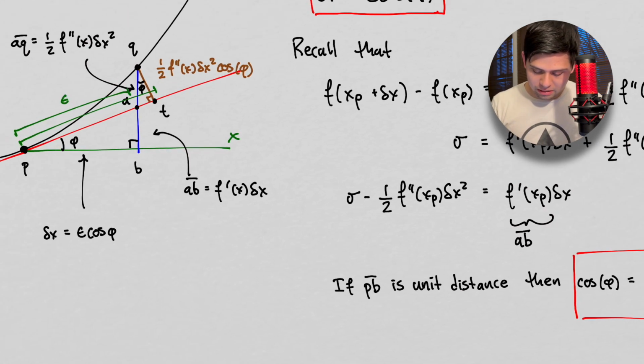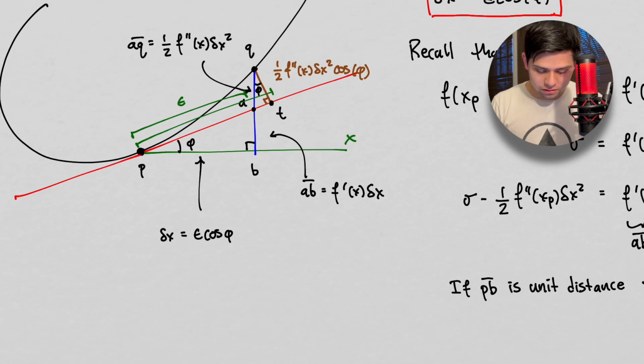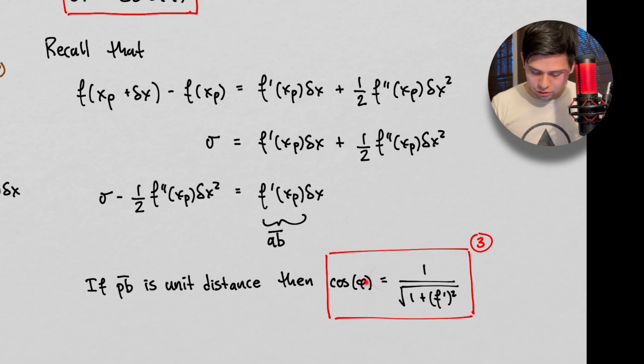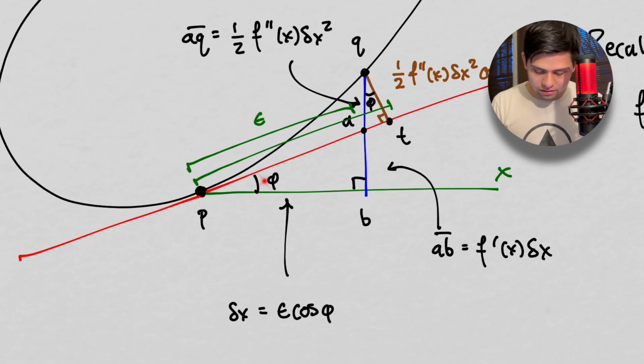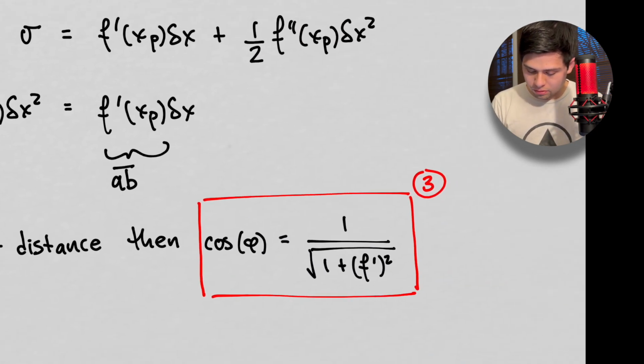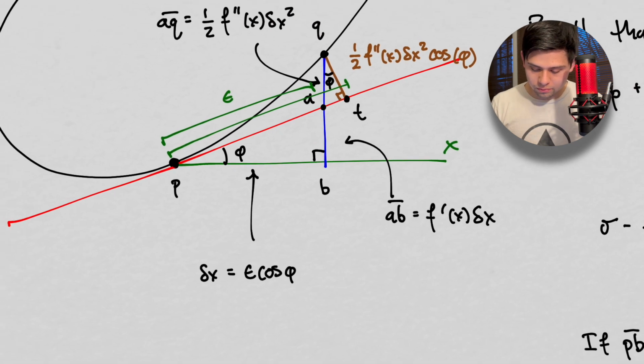So if PB is unit distance, if from here to here is unit distance, then we could say that the cosine of theta, or the angle, is going to be 1 over 1 plus the f prime squared. And why is that? Well, this is f prime. This was our dx. This was 1.